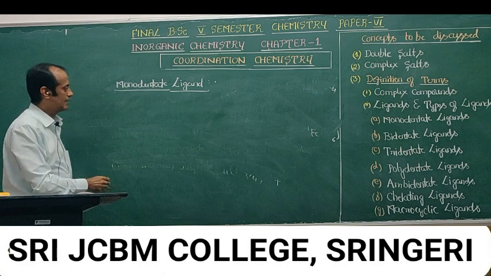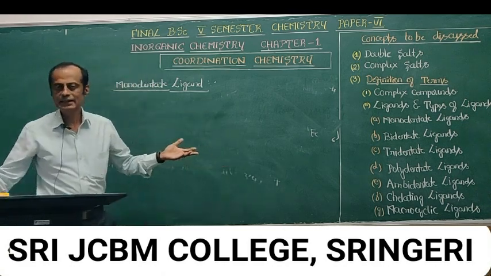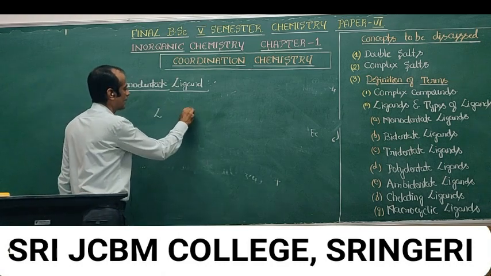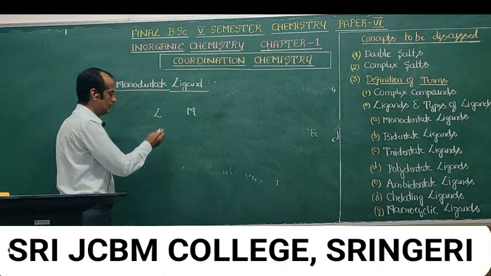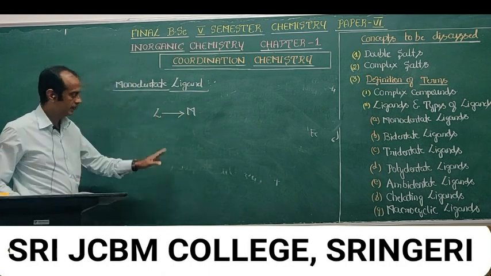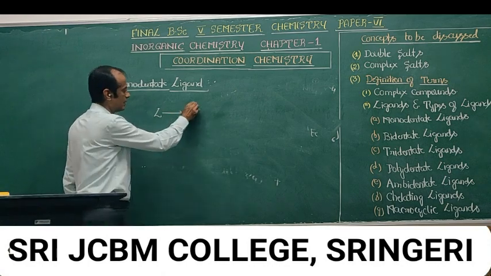A monodentate ligand has only one donor atom. Hence, it can donate only one pair of electrons to the central metal atom or central metal ion.